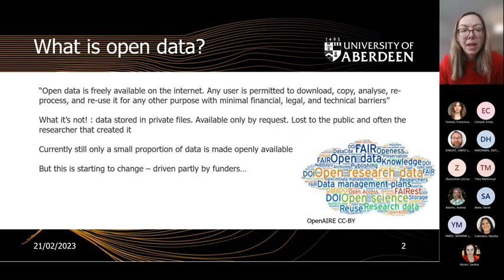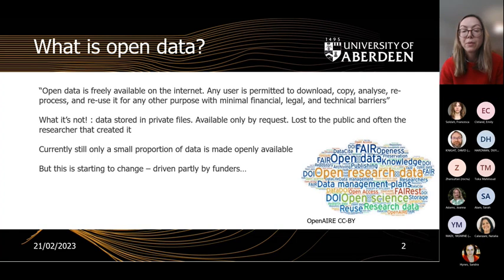So to begin, what exactly is open data and what are we talking about? Open data is freely available on the internet. Any user is permitted to download, copy, analyze, reprocess, and reuse it for any other purpose with minimum financial, legal, and technical barriers. And it's also really important to mention what it's not. It's not data that's stored in private files, available only by request, and I'm sure everyone's come across that at some point.